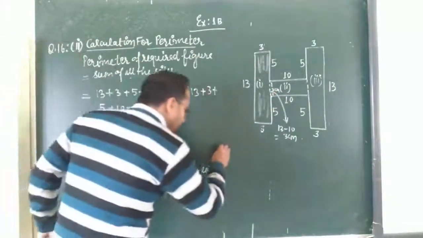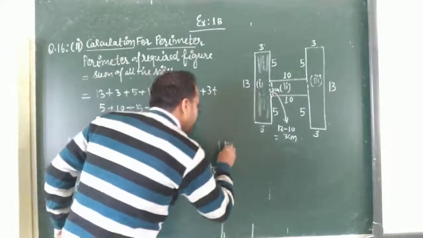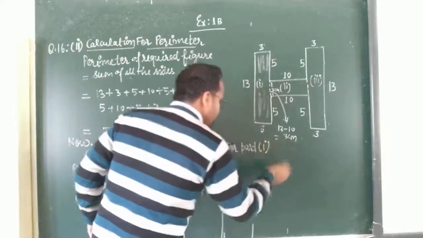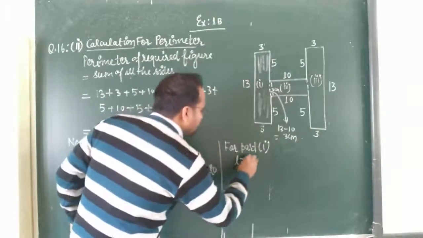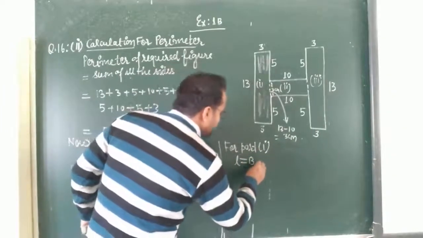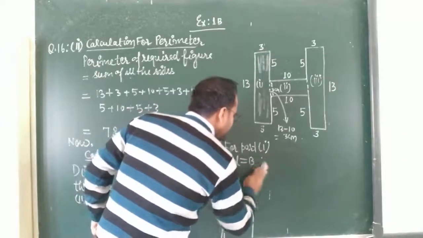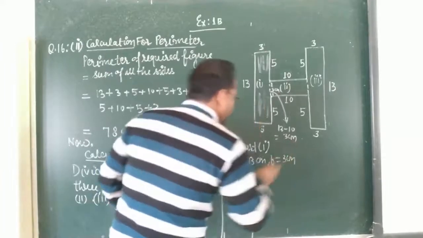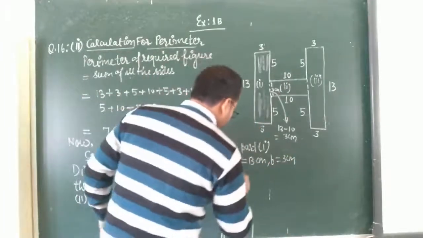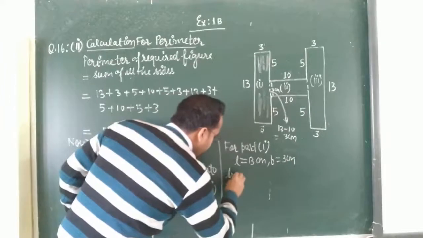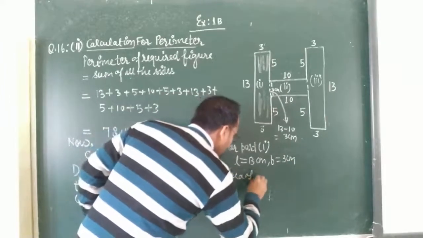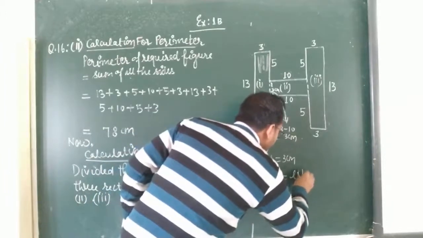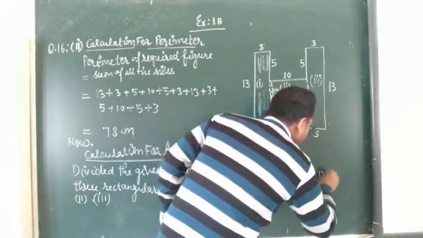Calculation for the first part: length is equal to 30 centimeters and breadth is equal to 3 centimeters. The area of the first part is equal to length multiplied by breadth, 30 multiplied by 3.